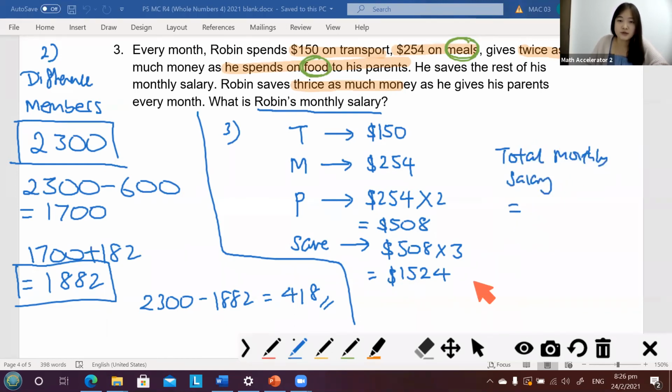You did all this, but you still don't get the final mark. Everything, because all of this came from his salary. All of it was spent or saved. So add everything up.